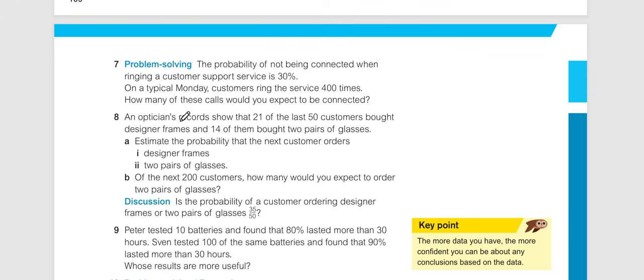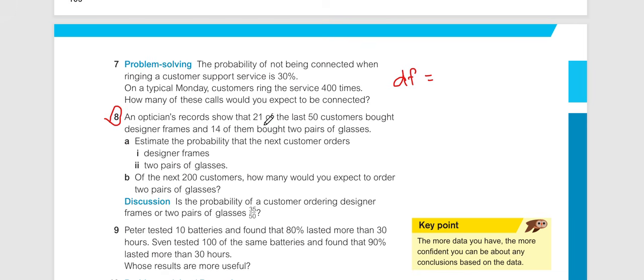Okay, now we are going to discuss question 8. An optician's records show that 21 of the last 50 customers bought designer frames and 14 of them bought 2 pairs of glasses. Estimate the probability that the next customer orders designer frames and 2 pairs of glasses. So for designer frames, I'll put DF.